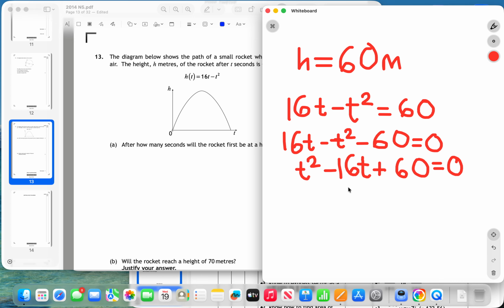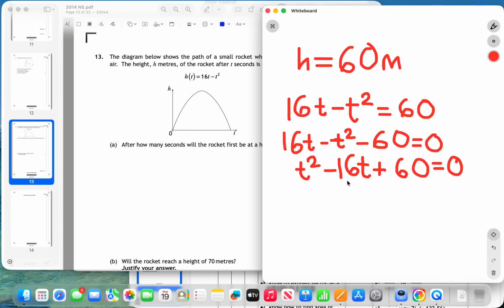But we can do both methods, but I think the best way to do this is to factorise. I mean, you can use both, but I would factorise this. Because the coefficient in front of the t squared is 1, we can use this method.